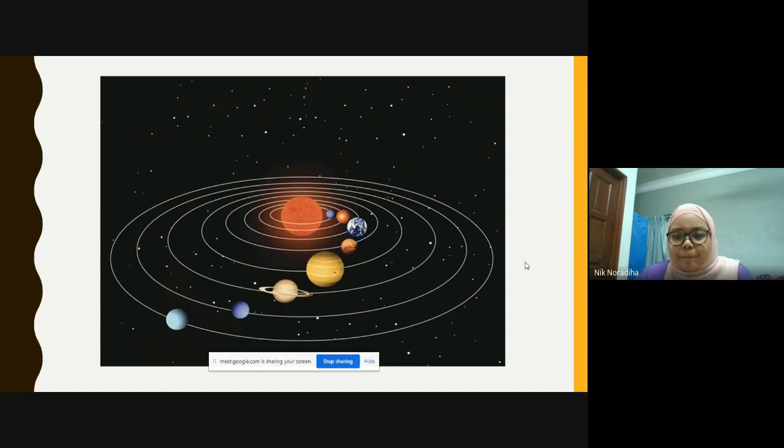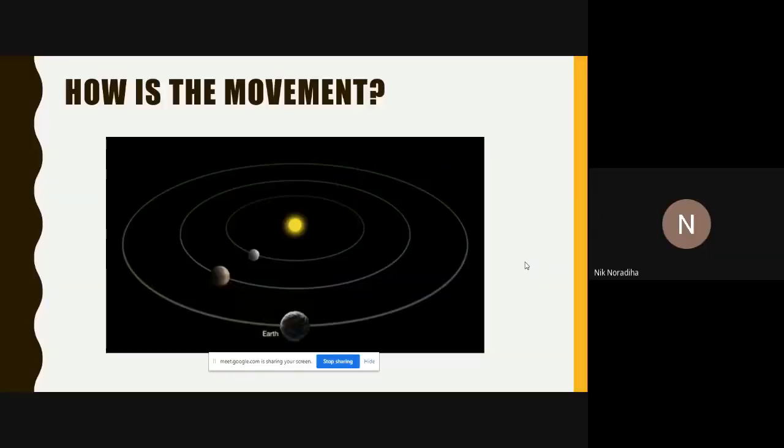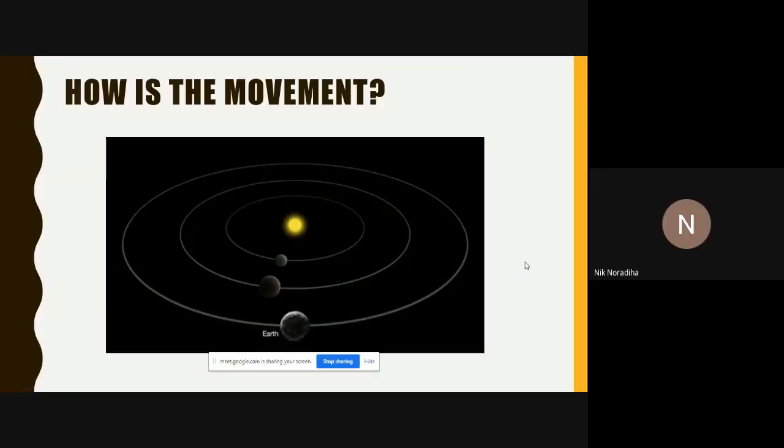The next one, can you see the movement? Okay, we have Mercury, Venus, and Earth. If you can see on your screen, we have Mercury, second one is Venus, and third one is our Earth.